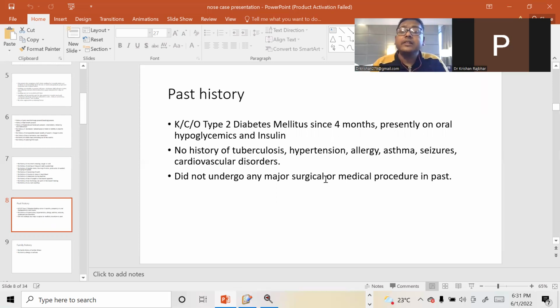Hypertension, allergy: hypertension can present with epistaxis, allergy, asthma, seizures, cardiovascular disorder. Didn't undergo any major surgical or medical procedure in the past. In the negative history, it is also important to note no history of bleeding from the nose. Why? Because that is also important to rule out the cause. If there is bleeding, we generally ask for the quantity of bleeding, which is used to make the diagnosis also, as in different conditions there is a different amount of bleeding.